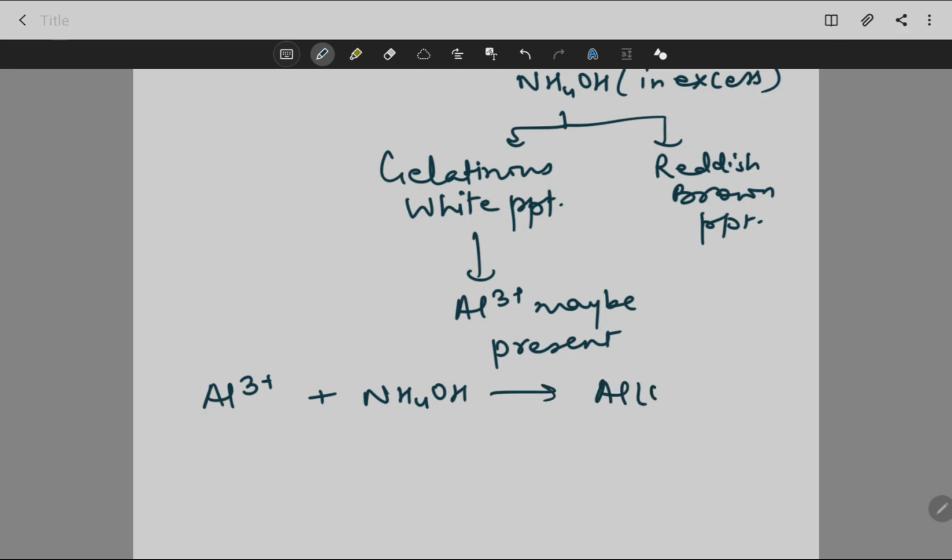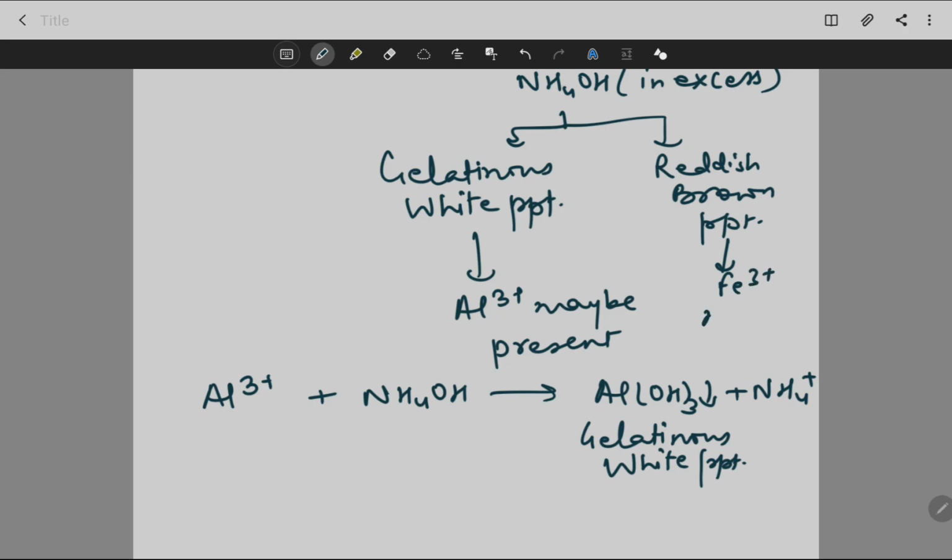It will be precipitated as aluminium hydroxide, that is gelatinous white precipitate. So this gelatinous white precipitate is because of the aluminium hydroxide formed. Similarly, what about this reddish brown precipitate? It is because of the ferric hydroxide formed.